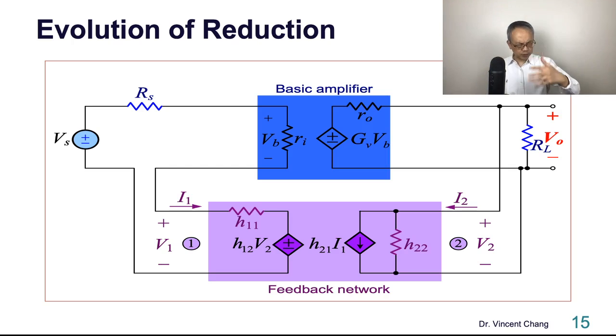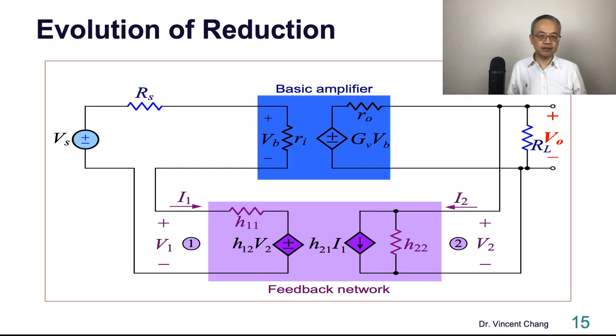For the feedback network, the primary responsibility is the reverse transmission. For general purpose, the resistive type of feedback network, the forward transmission is negligible.